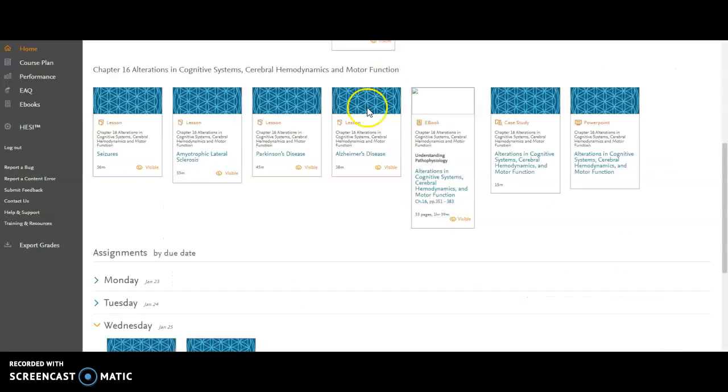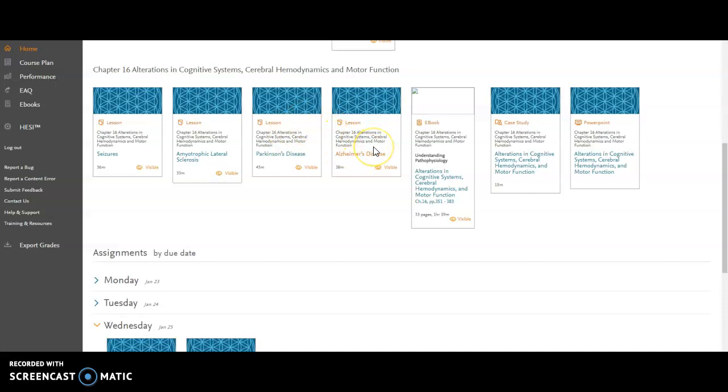So I'm going to pop back up to here, and we have lessons on these: Parkinson's, Alzheimer's, seizures, and ALS, and I did them in that order. If I were going to tell you to spend some time looking at these as far as what we see most commonly, start with your Parkinson's. We experience that more frequently in the acute care setting. You're going to see that. Remember how many of our medications we talked about with Parkinson's disease.